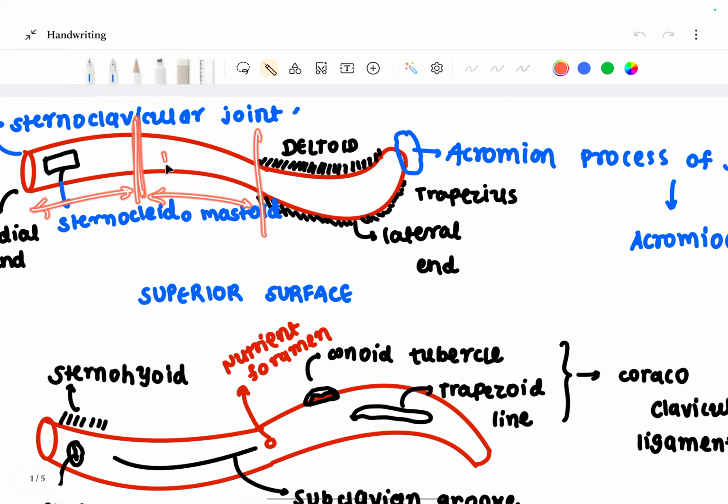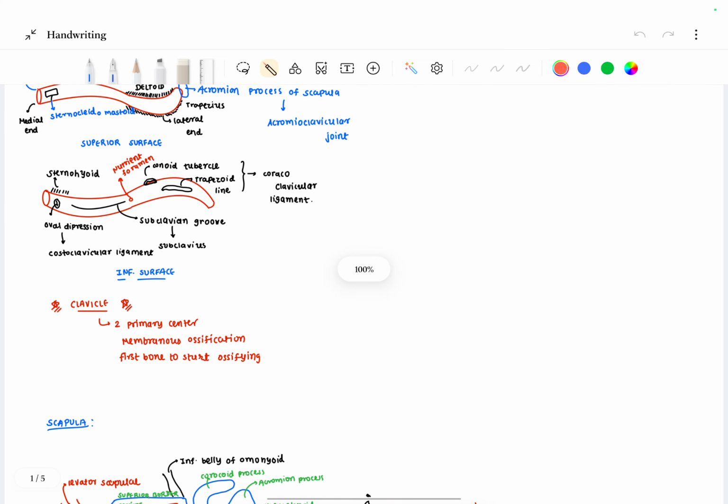At the junction of these, mark your first point. Then mark your second point 2.5 centimeter above the clavicle. And then mark your third point at the midpoint of the sternoclavicular joint.